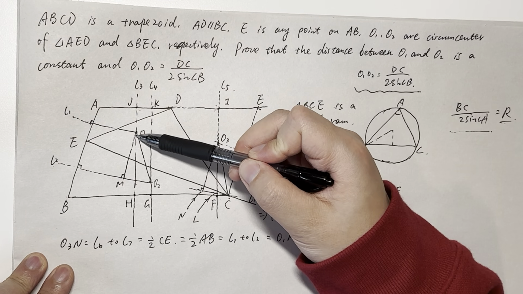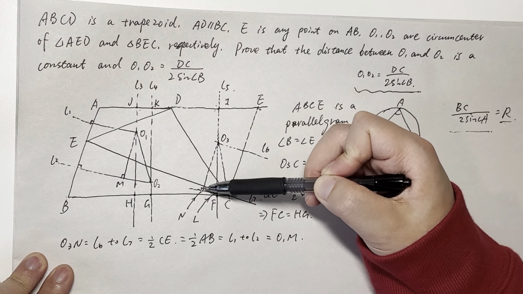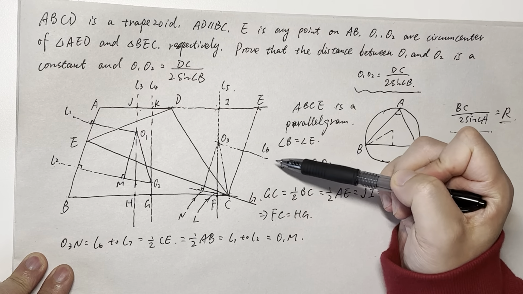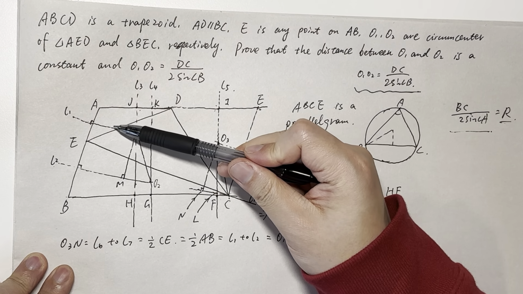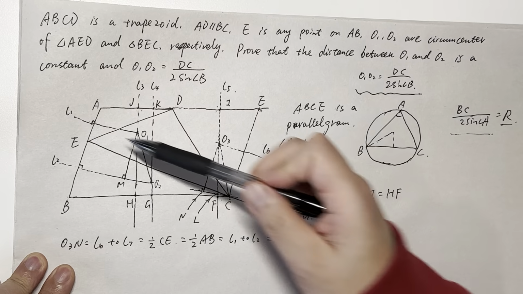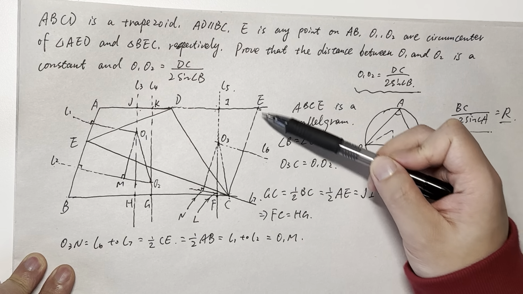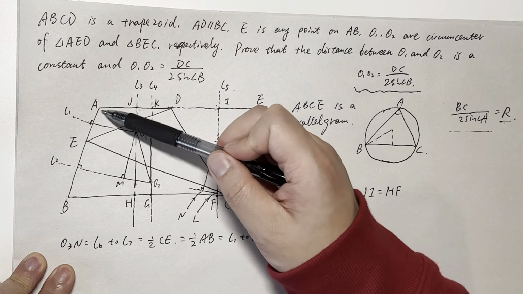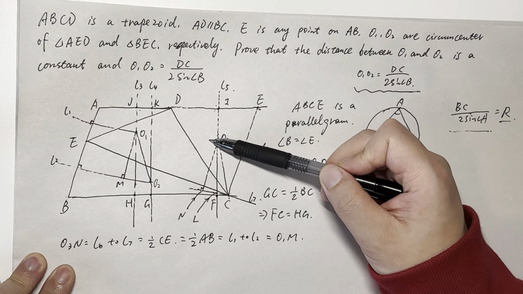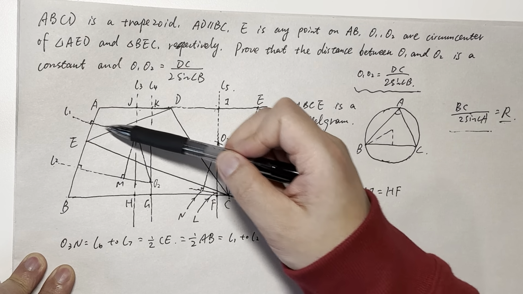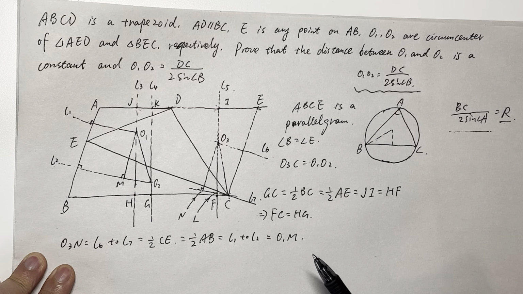Right, so O1M equals O3N. And we already know that L6 is parallel with L1, right? Because CE is parallel with AB, and L6 is perpendicular with CE, L1 is perpendicular with AB. So L6, L7, L1, L3, they are all parallel.